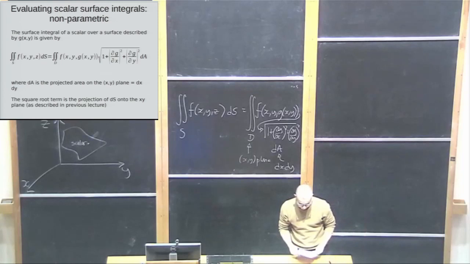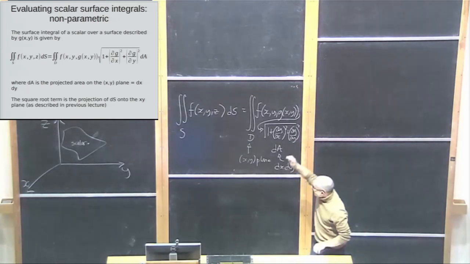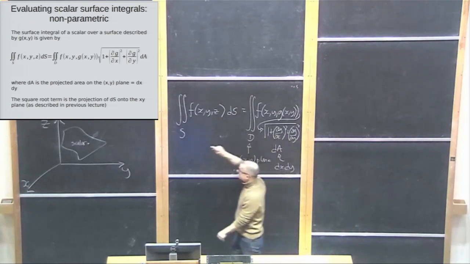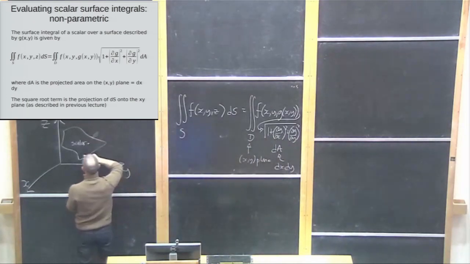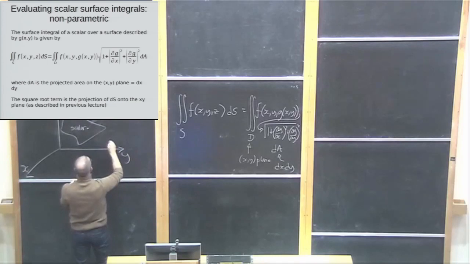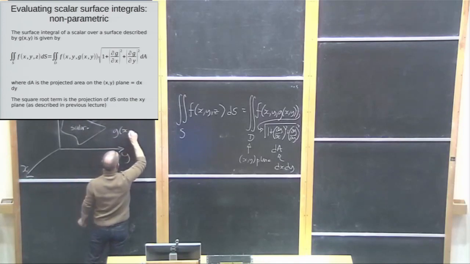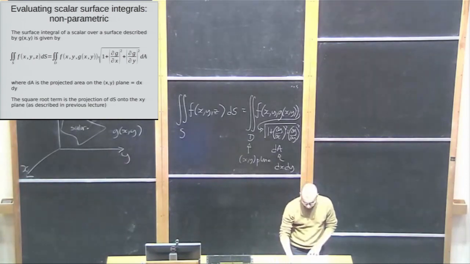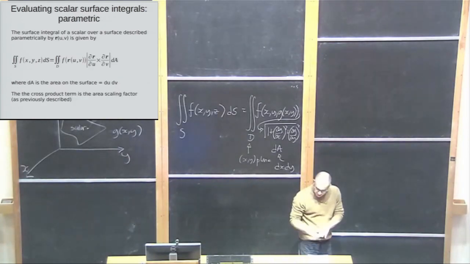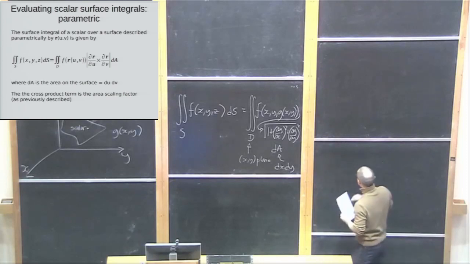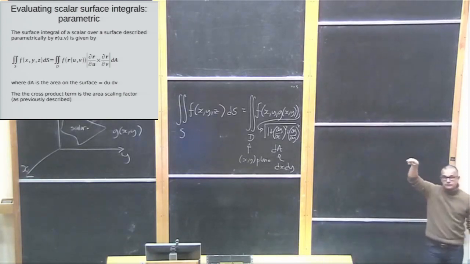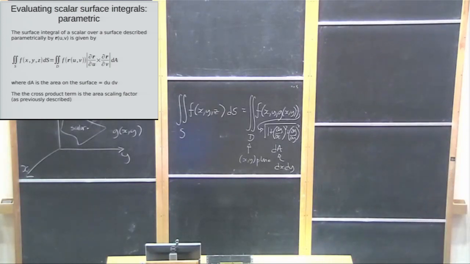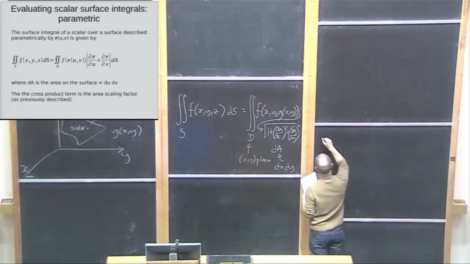Okay. So this is the case of doing a surface integral of a scalar field where I have some surface described by some function of x and y. The other type of surface integral then, and of course these two types also apply to the vector surface integral, so you end up with a matrix of 4 different types.